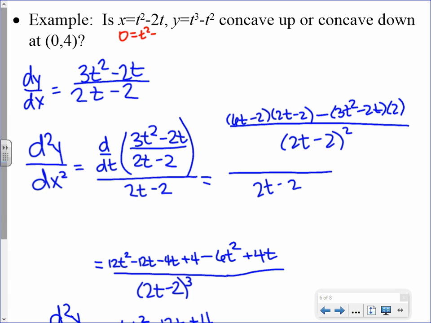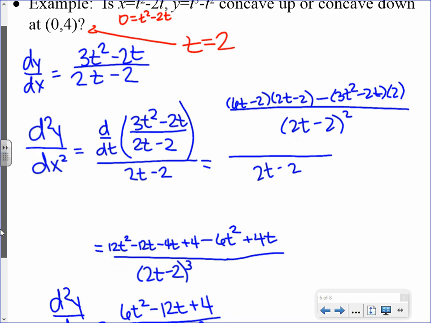Either t equals 0 or t equals 2. Two cubed minus 2 squared would be 4, wouldn't it? Okay, so t equals 2 is when this occurs.